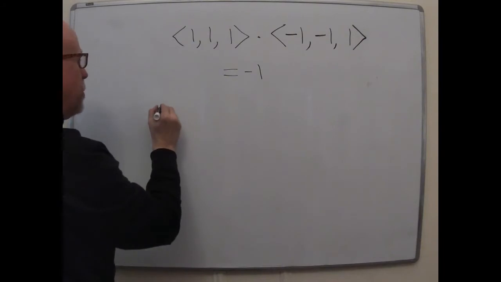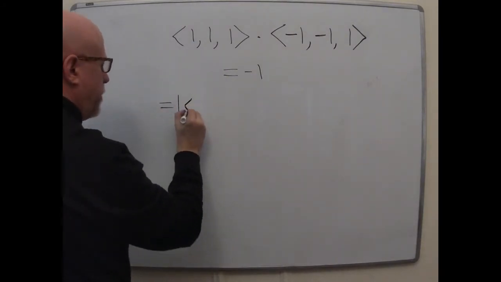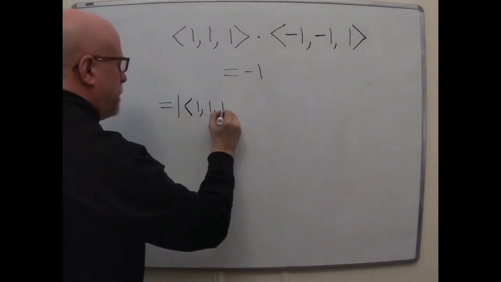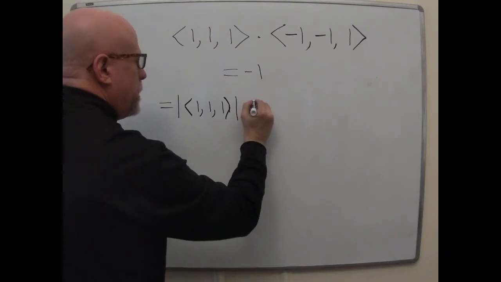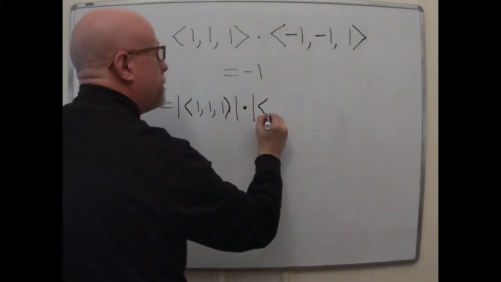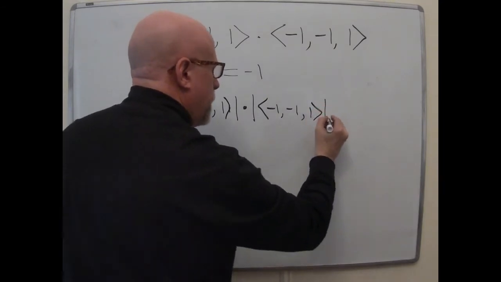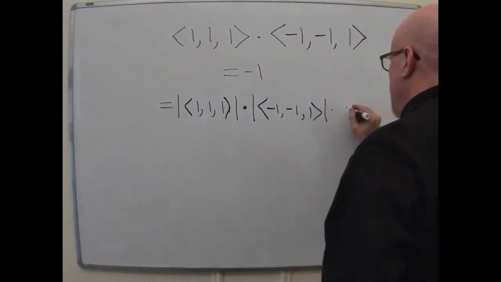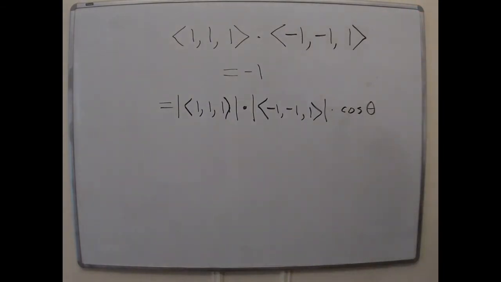But that's also equal to the length of the one thing. I'm just going to write it out first. Length of 1, 1, 1 times the length of the other one, minus 1, minus 1, 1, times the cosine of the angle. And that's the thing we're really interested in figuring out.